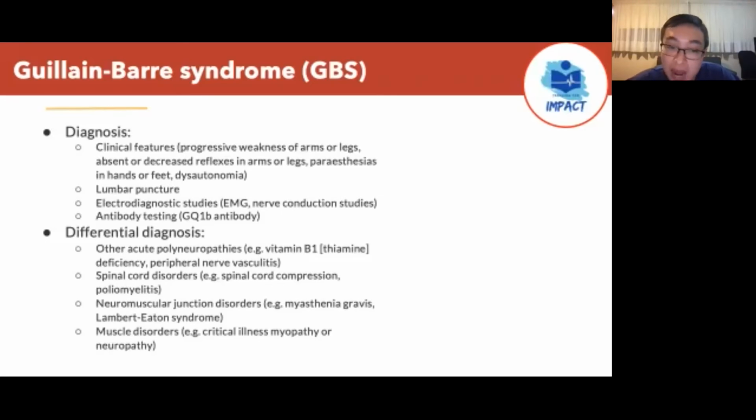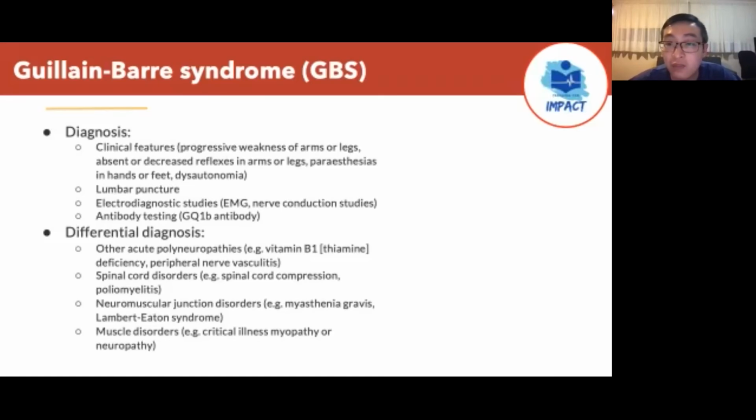On the other hand, Lambert-Eaton syndrome is a paraneoplastic syndrome caused by small cell lung cancer. So you get a small cell lung cancer just throwing out these antibodies against, as someone said, presynaptic calcium channels. So not postsynaptic, which is myasthenia gravis, but presynaptic calcium channels. And as you're probably aware from your second year undergrad physiology, presynaptic calcium channels are required for release of acetylcholine into the neuromuscular junction. So if you have autoantibodies inhibiting presynaptic calcium channels, you don't get release of acetylcholine into the neuromuscular junction.